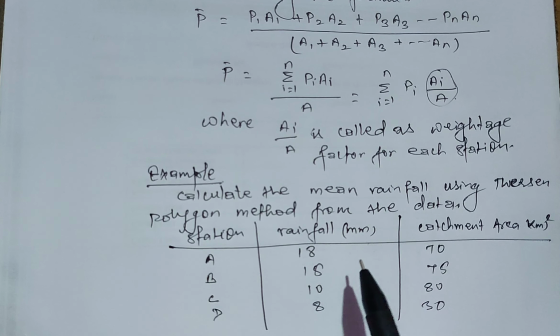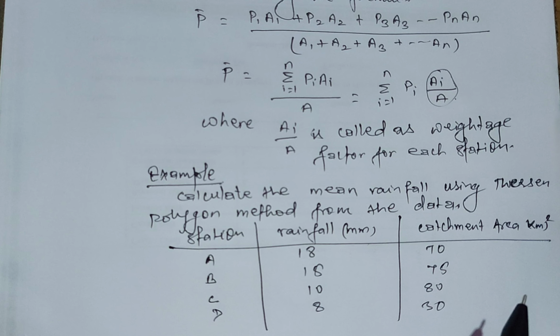From this question we have to find out the average rainfall using the Thiessen Polygon method.